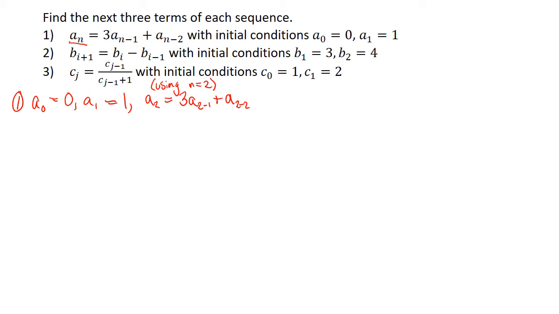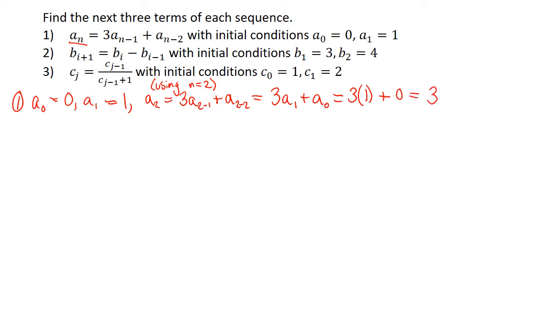That's going to be 3 times A1, so 2 minus 1 is 1, plus A0, 2 minus 2 is 0. You just have to do a little bit of arithmetic down in those subscripts. And so now I know what A1 and A0 are. This is 1, and this one is 0. So this is going to be 3.